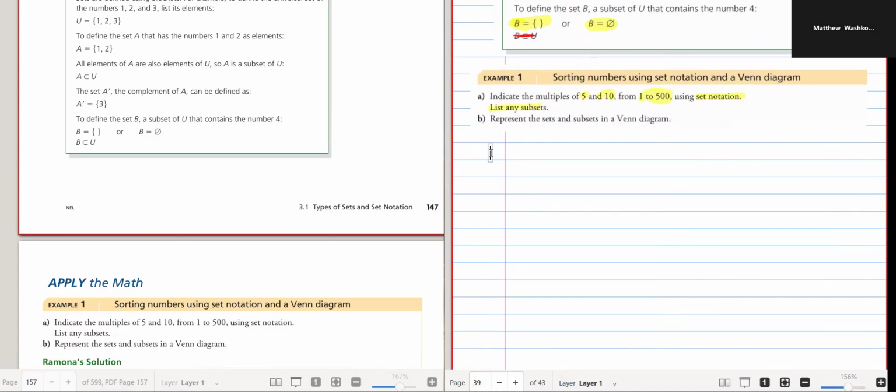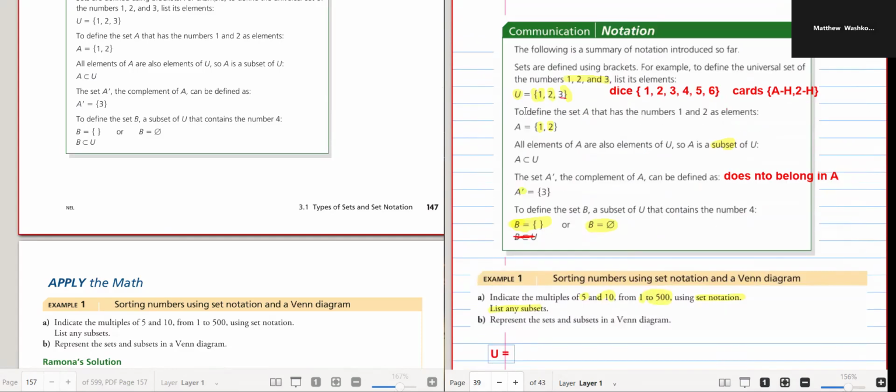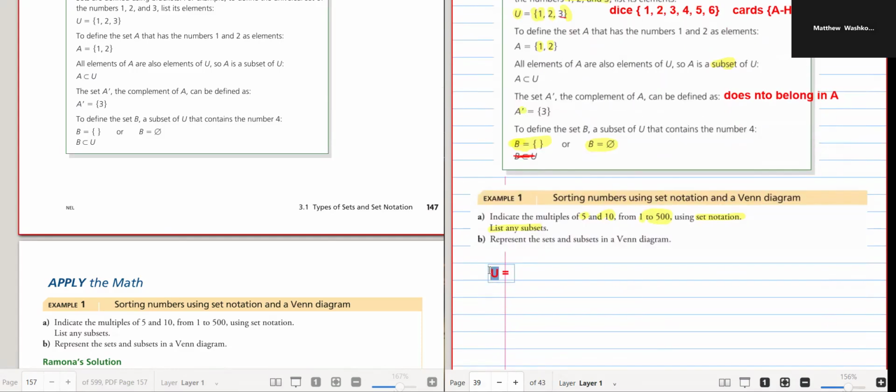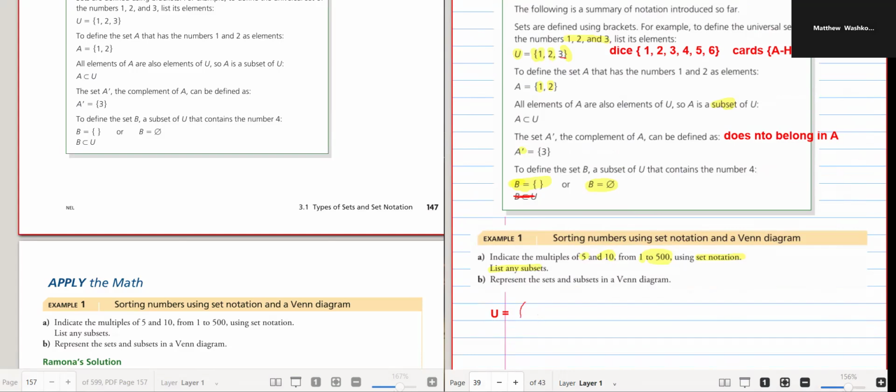So first off, let's define the universal set, right? Remember, universal set. I'm not going to italicize it, but ideally it'd look kind of like that. I use U. I'm writing U. All right. So next, use my squiggly lines. So it's 1, it's 2, it's 3, it's 4.